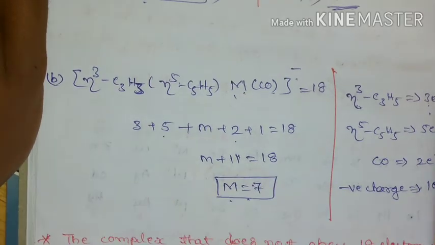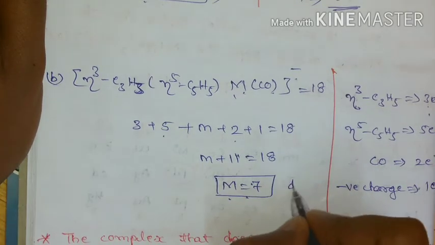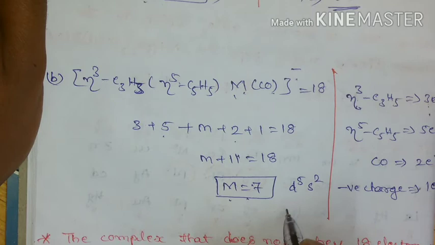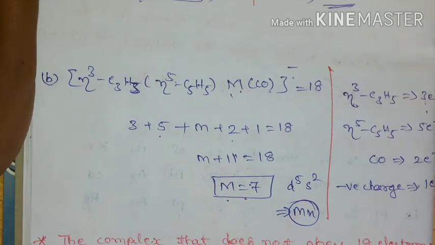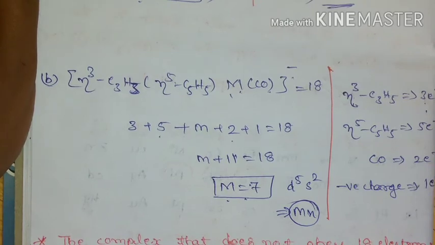So the most likely metal for this complex will be having 7 valence electrons. The metal with 7 valence electrons should have d5s2, that is manganese. Manganese will be the most likely first row transition element which will suit this complex.